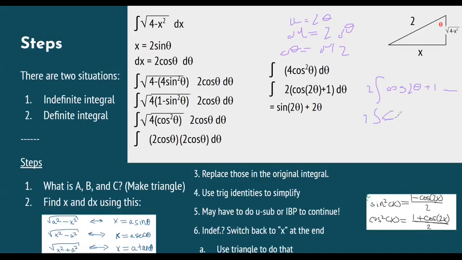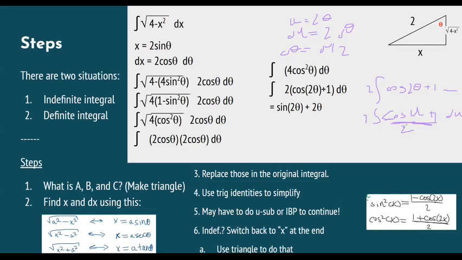So now we have cosine of u plus 1. And hey, replace the d theta that's right here with du divided by 2. So du divided by 2, all this divided by 2. Now, what is the integral of that? It's sine of u.